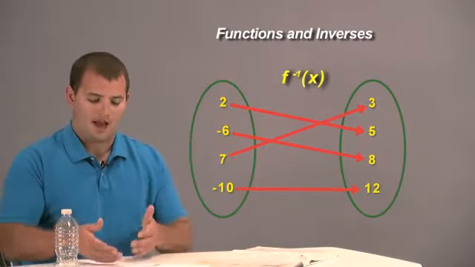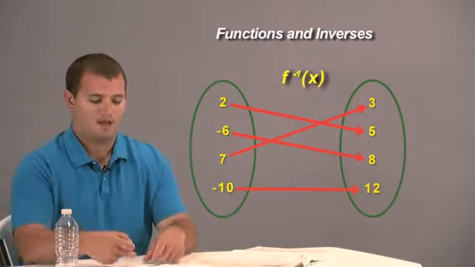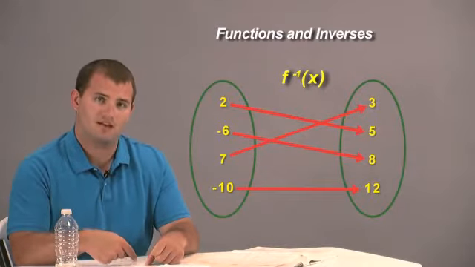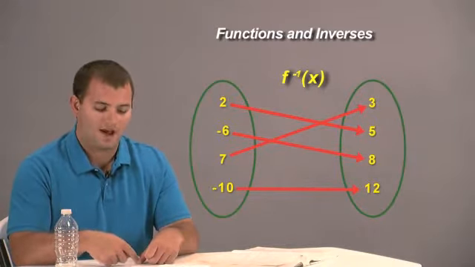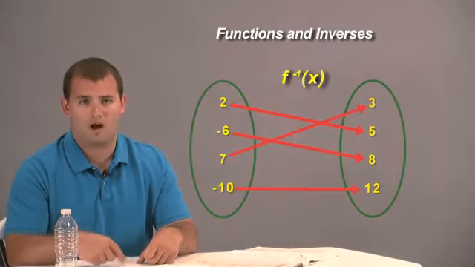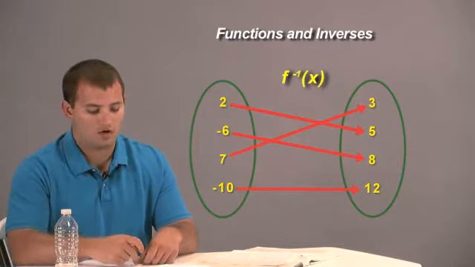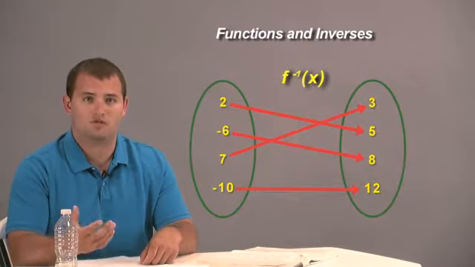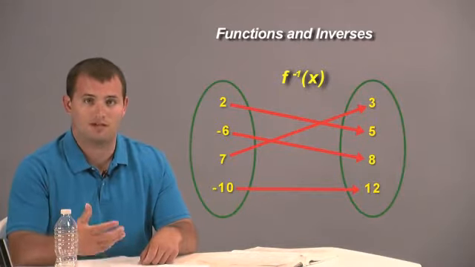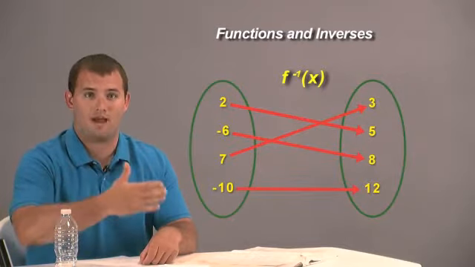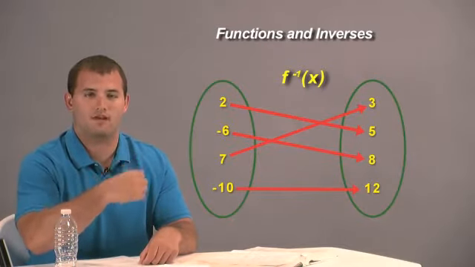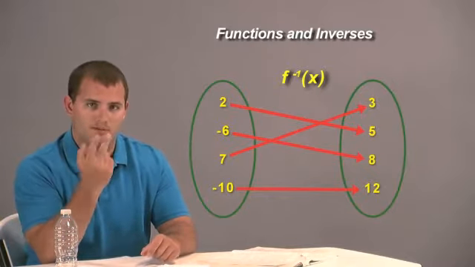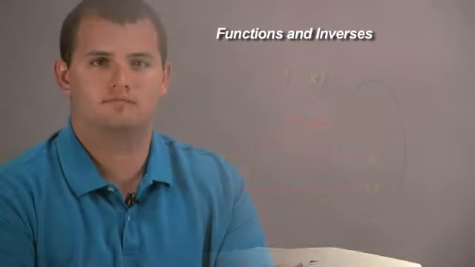Okay? I've flipped this in my new diagram, and so my x values now are 2, negative 6, 7, and negative 10. And I have to map these to the correct y values. So here I have to map 2 to 5. So f inverse of 2 would be 5, because in the original function, f of x maps 5 to 2. Okay? And all you have to do is flip them and make sure the values are correct.